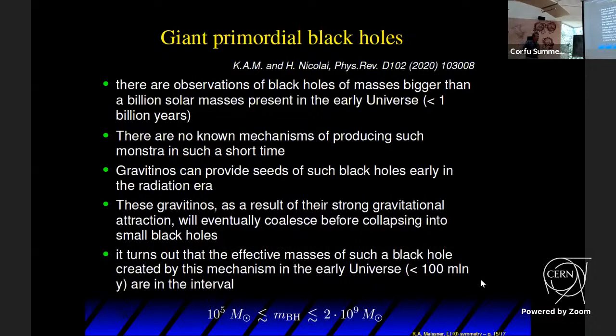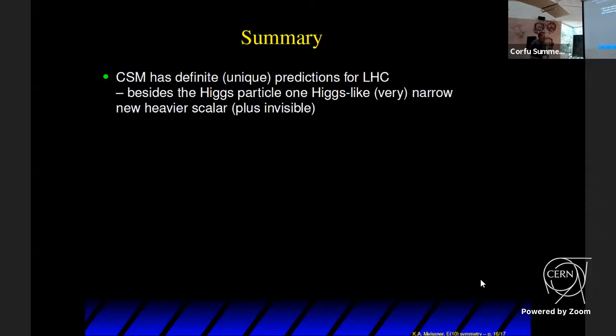It turns out that the effective masses of a black hole created by this mechanism, so there are seeds growing by the expansion of the universe, are in the interval 10 to the 5 solar masses up to 2 billion solar masses. So there should be a gap between the usual solar masses and the masses created by this mechanism. So let's go to the summary.